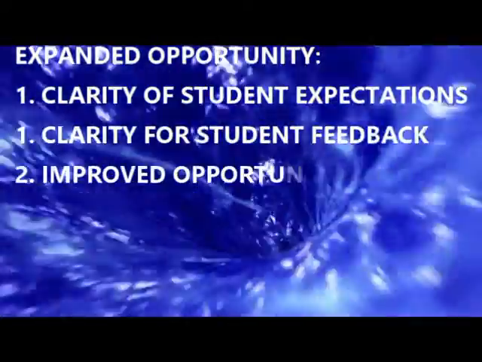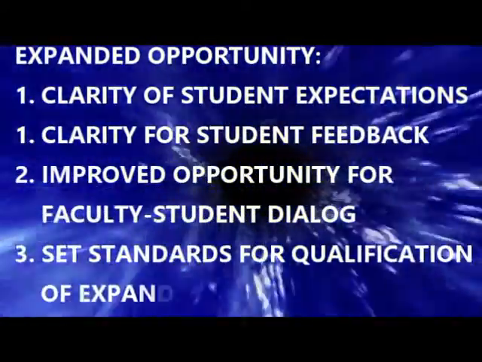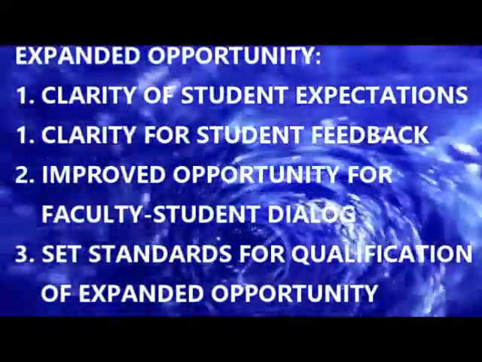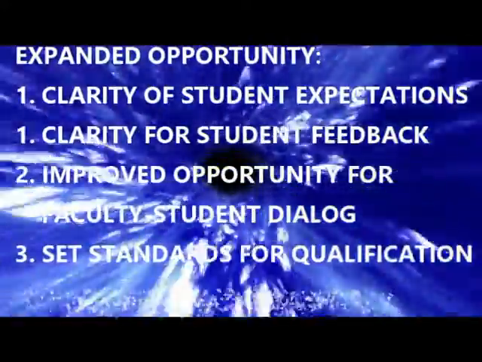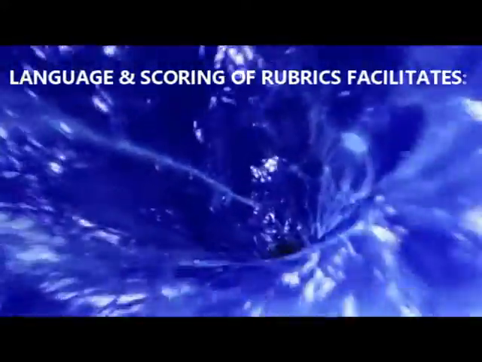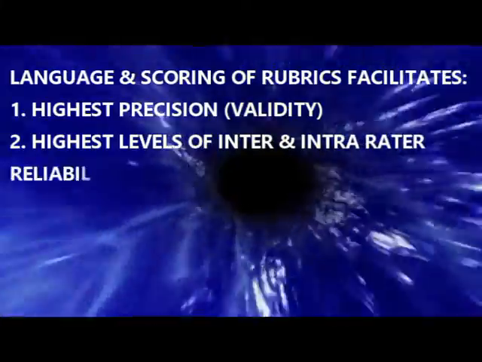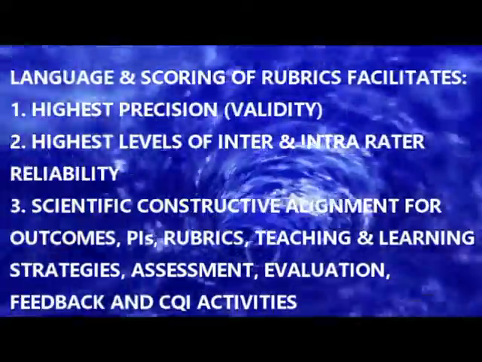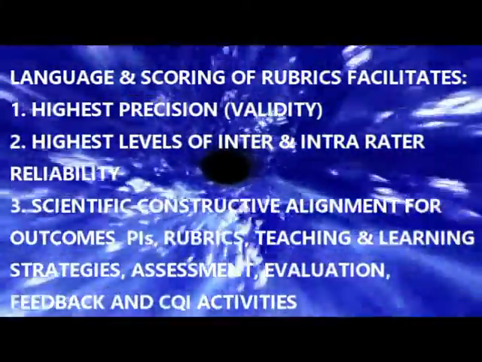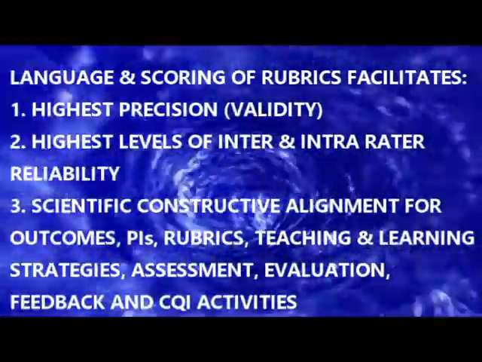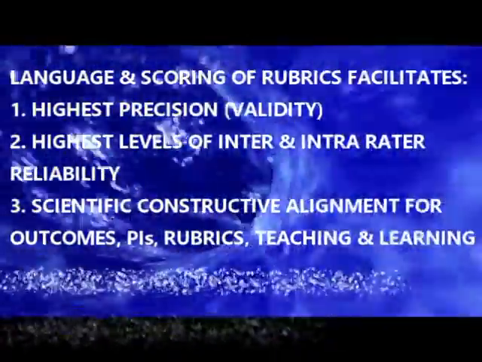For expanded opportunity, there is clarity of students' expectations, there is clarity for student feedback, there is improved opportunity for faculty-student dialogue, and there are set standards for qualification of expanded opportunity. The language and scoring of rubrics facilitates highest precision, which is validity, highest levels of intra-rater reliability, scientific construct alignment for outcomes, PIs, rubrics, teaching and learning strategies, assessments, and feedback to faculty or students with CQI for improvement.